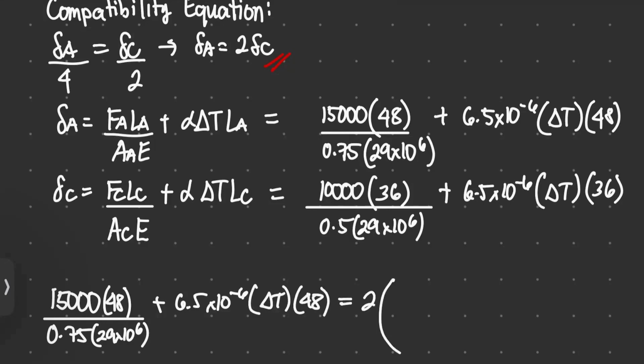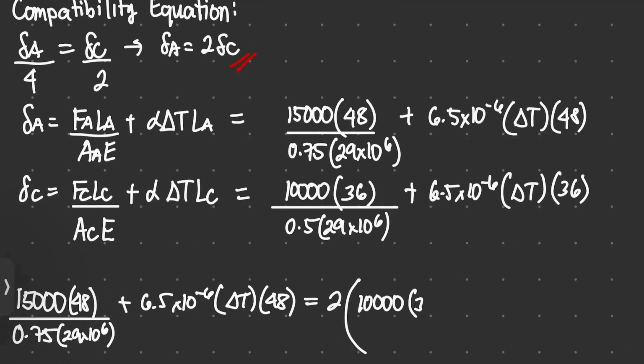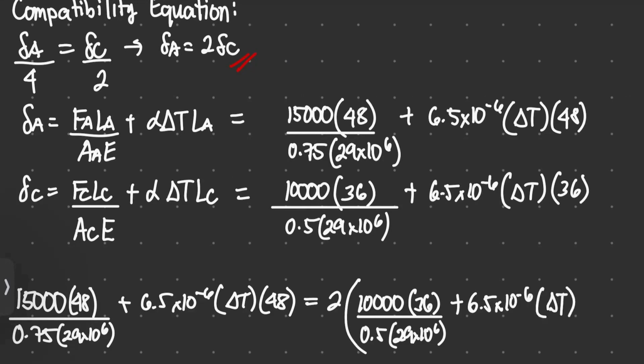Remember, the 2 comes from the compatibility equation. It's 10,000 times 36 all over 0.5 square inches times 29 times 10 to the 6 psi, plus 6.5 times 10 to the negative 6 times change in temperature times 36.